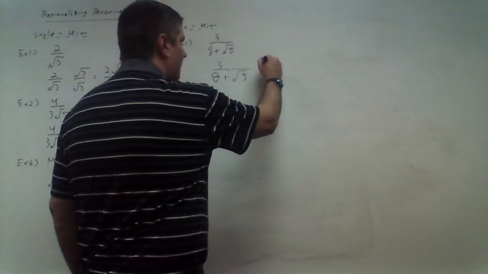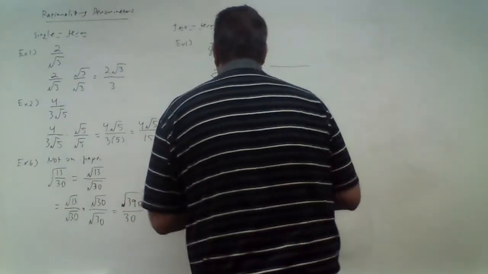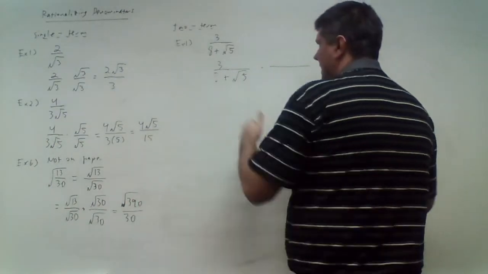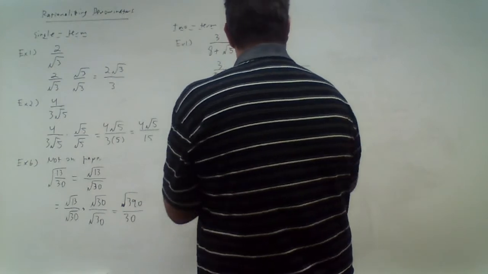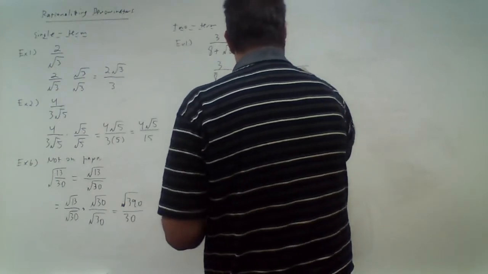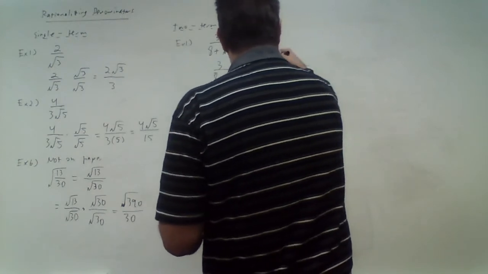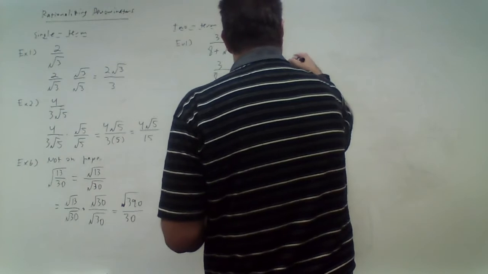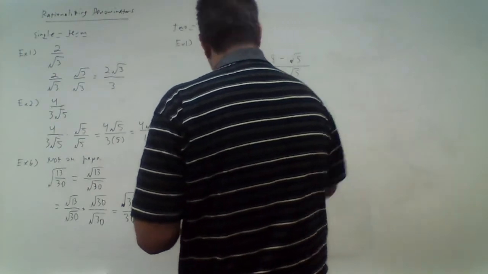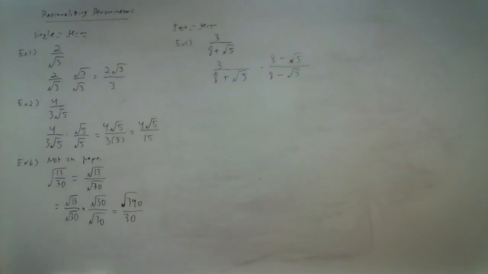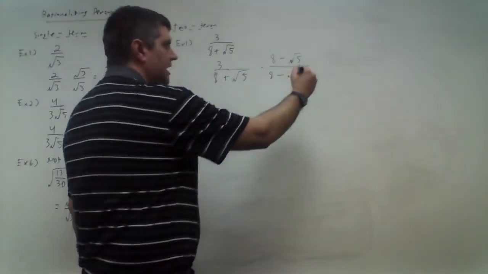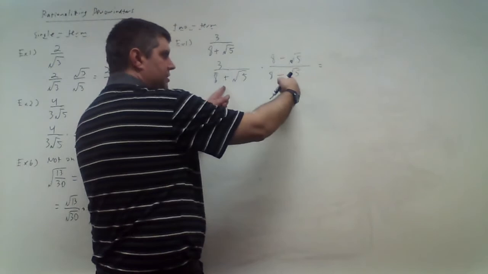So, that was meant to be an 8. You're going to multiply times 8 minus the square root of 5. Okay? You change the sign in the middle, is what you do between these two.